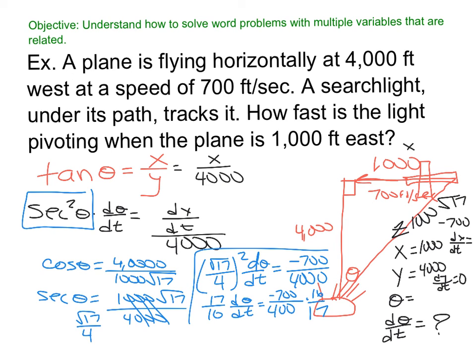All right. So what's that? 4 goes into 16 4 times. So that's negative 2,800 over 1,700. Okay, and those go away. Negative 28 over 17.